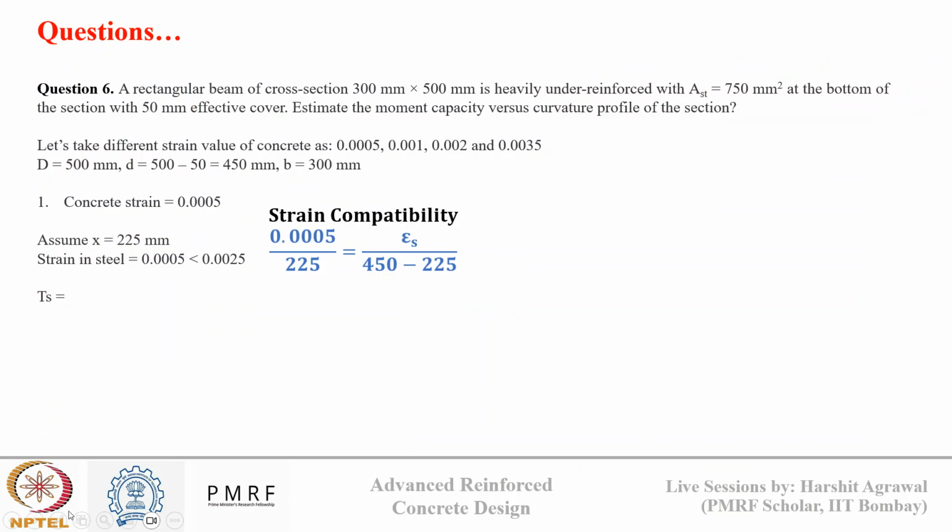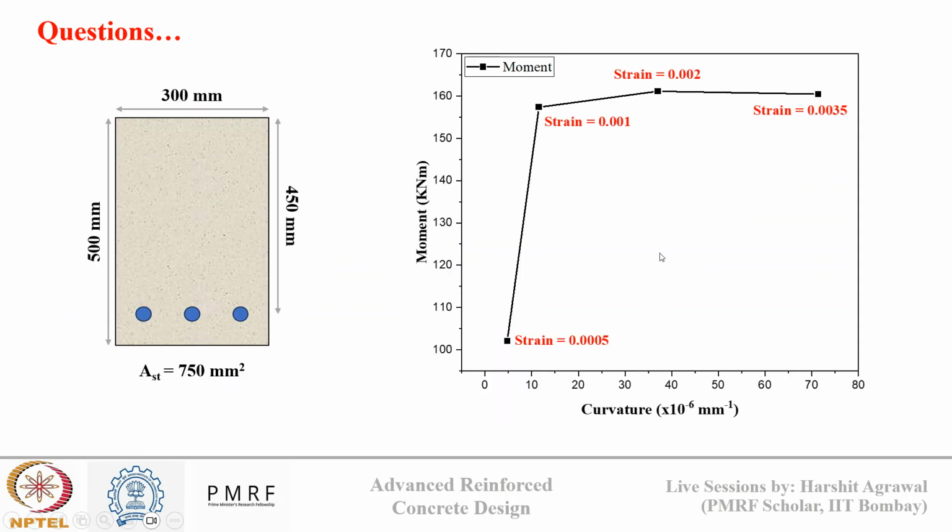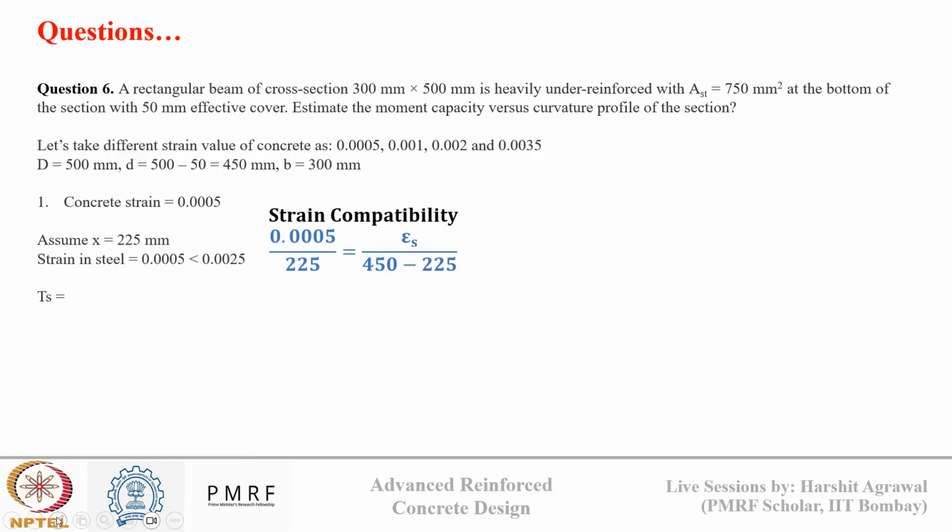What is elastic-plastic behavior? It is linear up to yielding, and after yielding it becomes constant. This is the profile, and this value is 0.0025. If we are at any strain location in this area, what will the tensile strength of steel be?